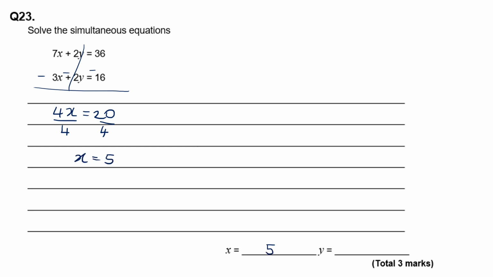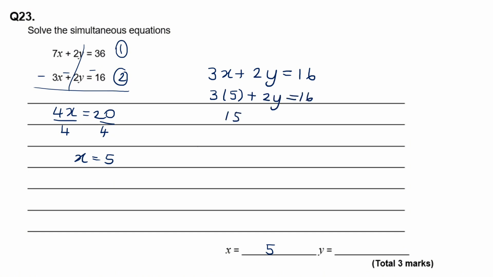So now that I know what x is, I'm going to substitute it into one of the equations. Well, you can substitute it either in the first or the second one. It gives you the same answer in the end. So this is 3 times 5 plus 2y is equal to 16. 15 plus 2y is equal to 16.